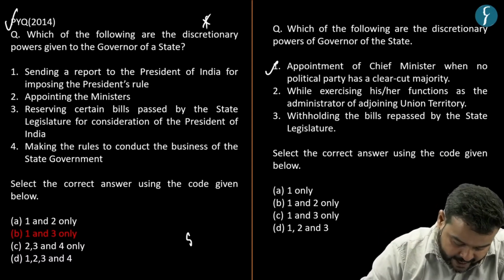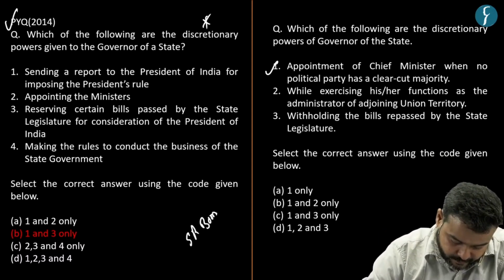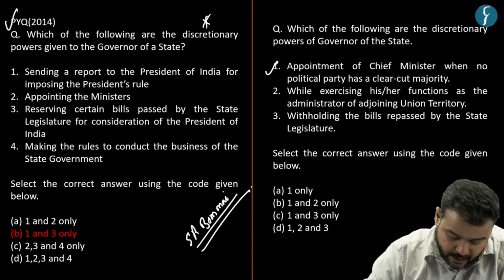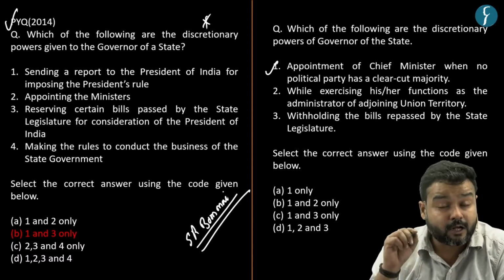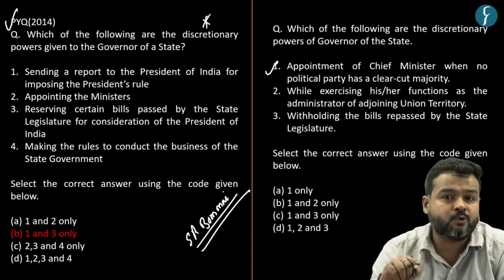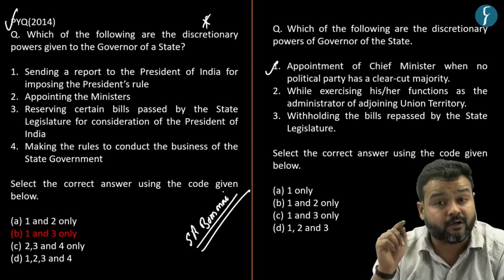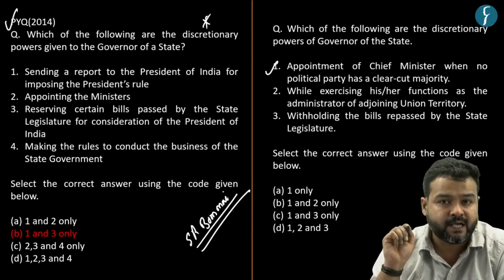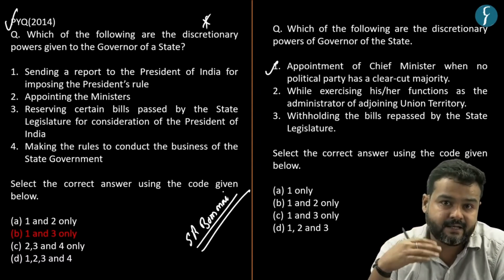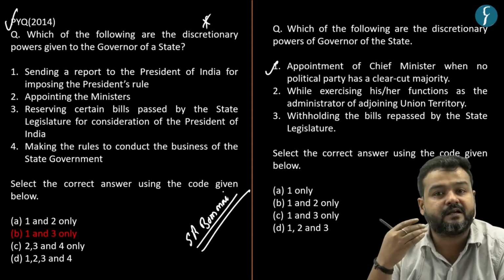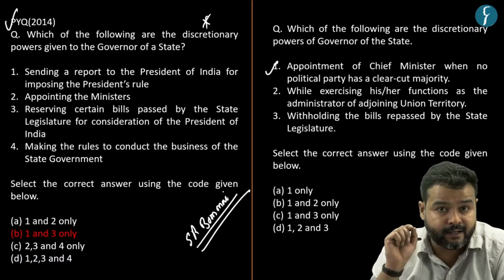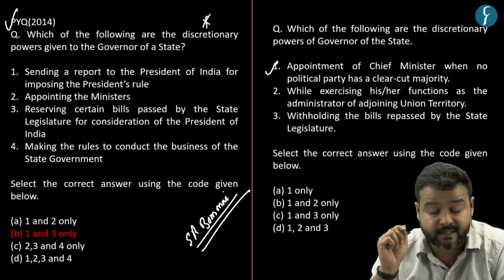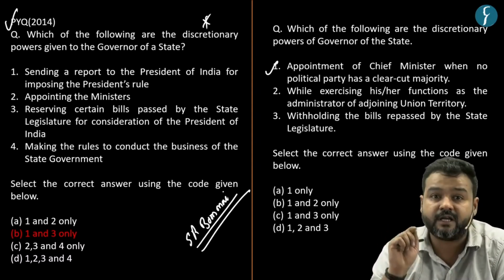In the SR Bommai case, the Supreme Court held that even in such appointments, the Council of Ministers has to prove their majority on the floor of the House. So it is not just that he will appoint anyone as chief minister and the government will keep on running. Even if he is appointing a chief minister at his discretion, one has to prove the majority on the floor.